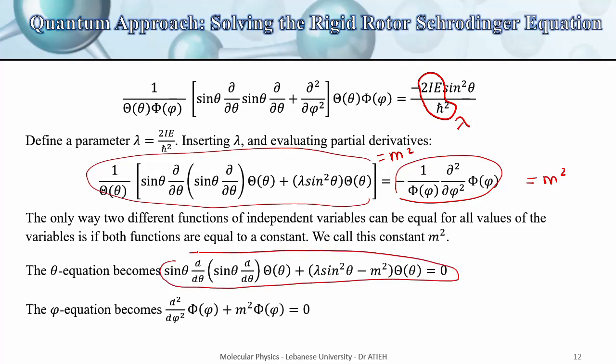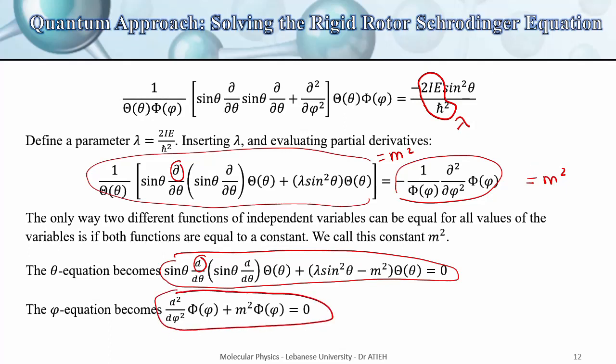You can see that the partial derivative is replaced by a normal derivative d because our equation is an equation of one variable and we don't need the partial derivative anymore. The second equation is also equal to m squared, so arranging it, you will get this form.